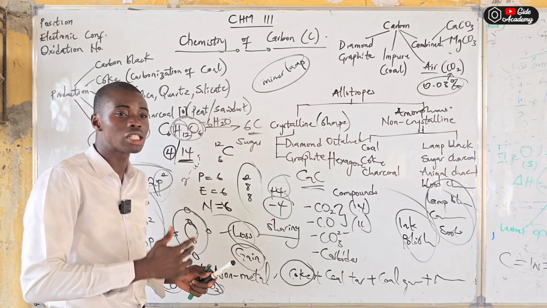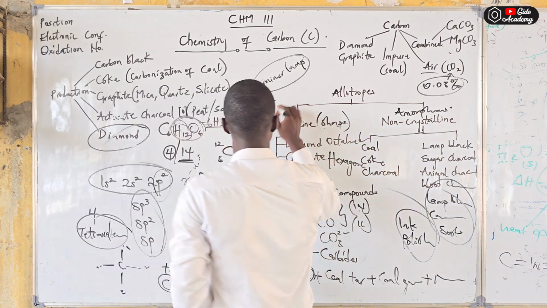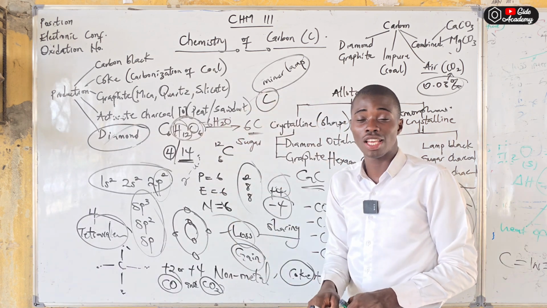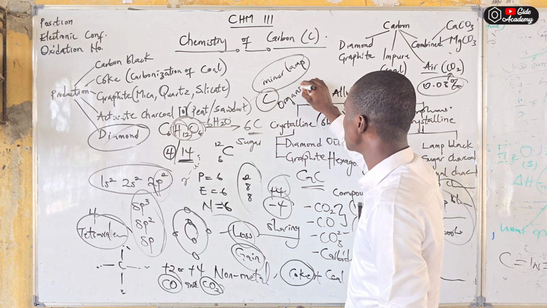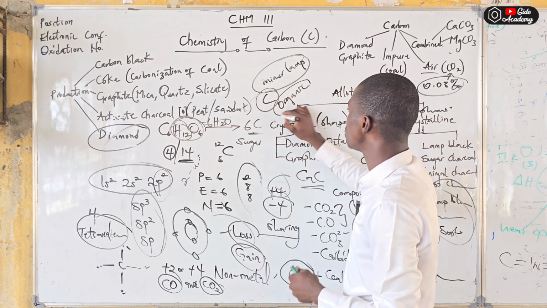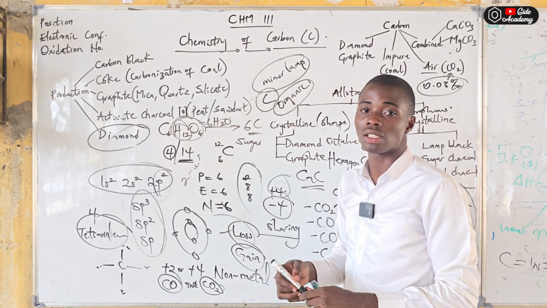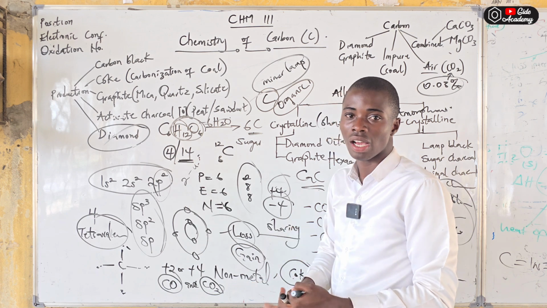Without carbon, there is no human. In your body there is carbon. Organic chemistry is the branch of chemistry that studies carbon, and it deals with the study of living things. Every living thing you see, plant or animal, has carbon.